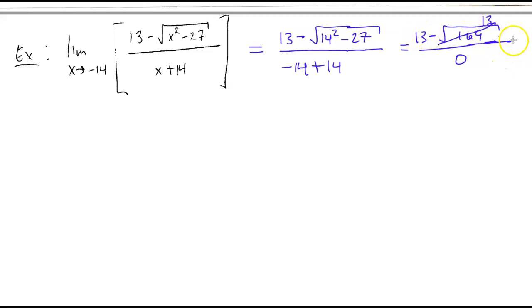And of course, 13 minus 13 is 0. So you essentially have a 0 divided by 0 case for this limit.